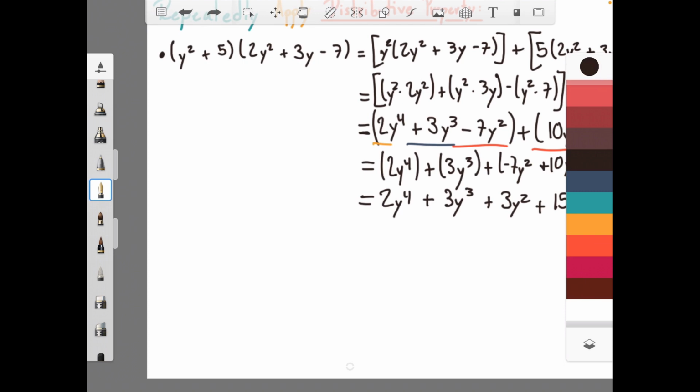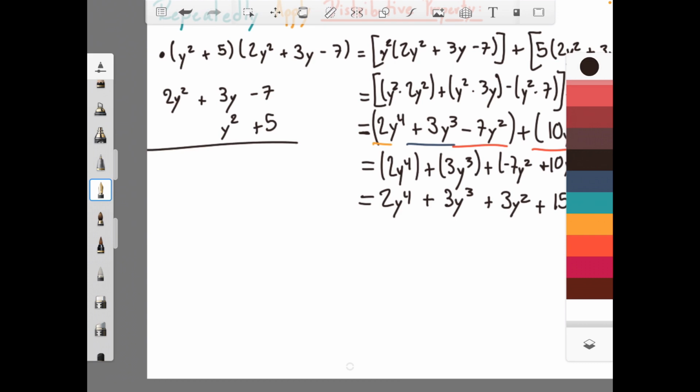Okay, so we have 2y squared plus 3y minus 7 being multiplied by y squared plus 5. Okay, and now that we have that, we can simply solve as we would with regular multiplication.